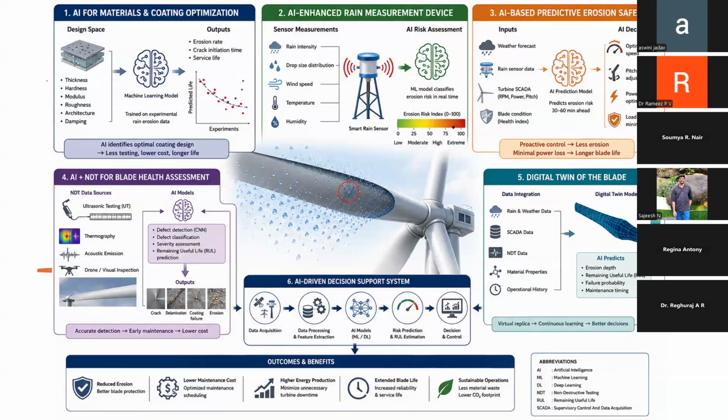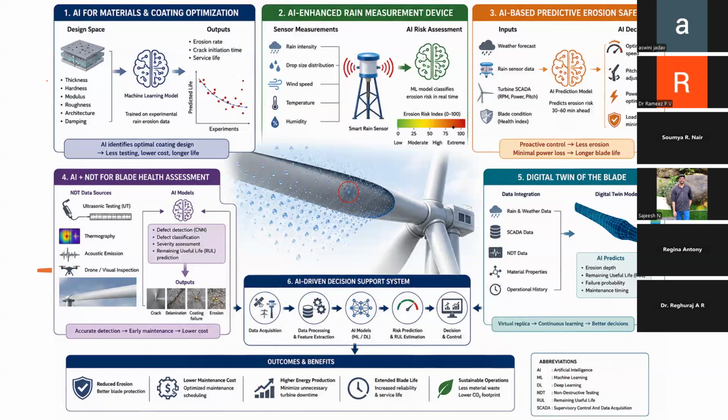So what are the opportunities? How can we take help from the computer science department, AI specialists? We can have different types of design optimization. AI and NDT has a very huge postdoctoral opportunity, like drone visualization, ultrasound testing techniques, different kinds.